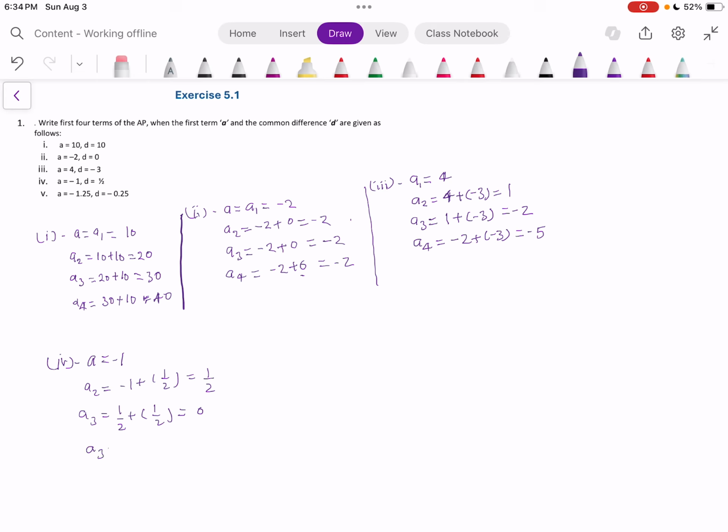Then A3, the previous term plus the difference, which is half, is going to be half. Then A4 is going to be the previous term, A3, plus D, which is half, so it's going to be 1. Oh, I'm sorry, this should be A4, should be A5. So we have to calculate up to here.